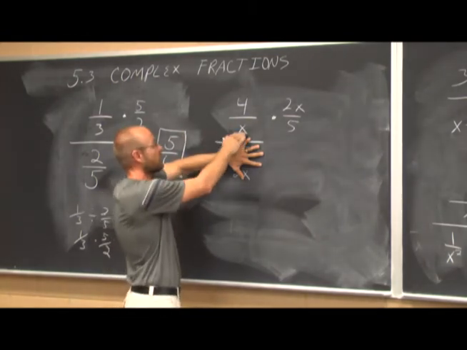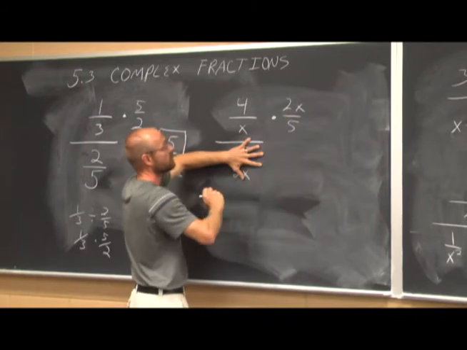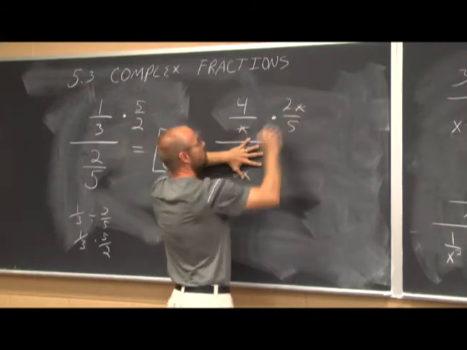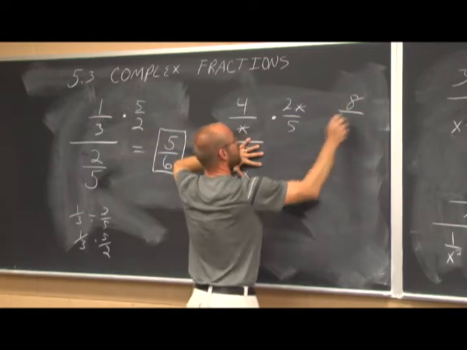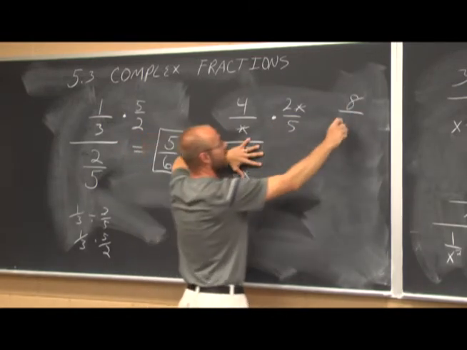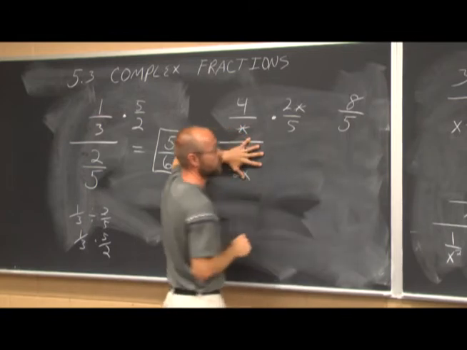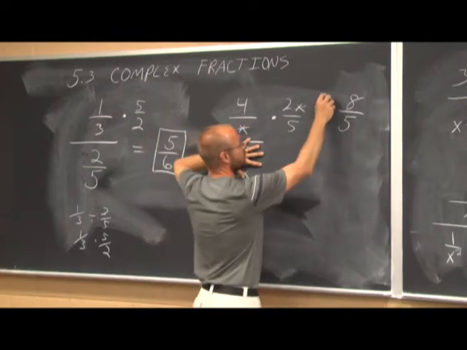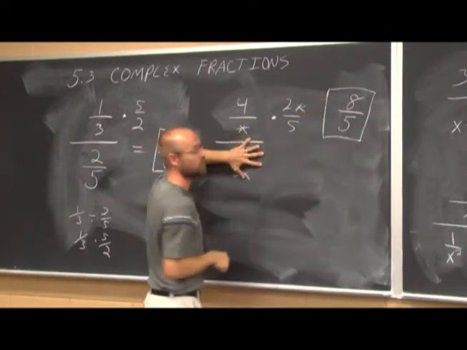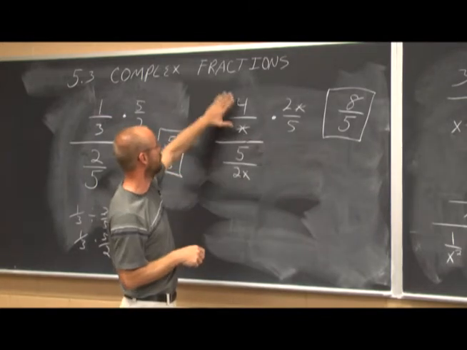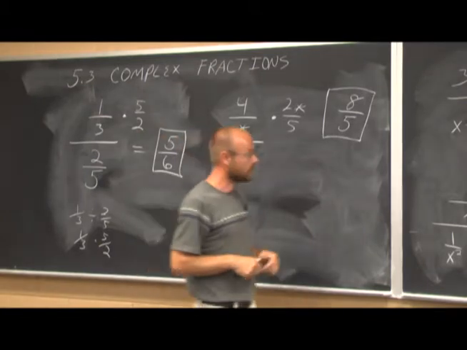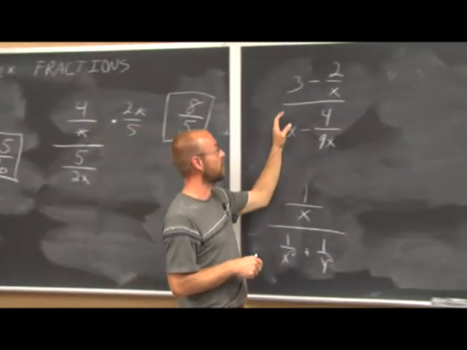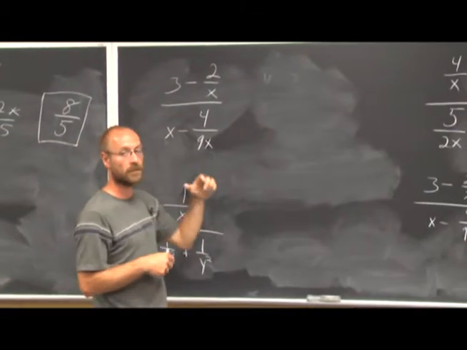We have a factor of x on the bottom, a factor of x on the top, so that will reduce to 1. And so I have 4 times 2 is 8 over 1 times 5, 8/5. So we can leave it just like that. This is our simplified answer to this expression.